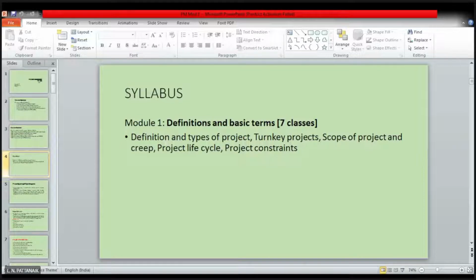Then there is another characteristic of a project. That is, it is not a regular or permanent activity. It is a temporary endeavor. Try to understand what I'm saying. Each and every project is a temporary endeavor or temporary effort.